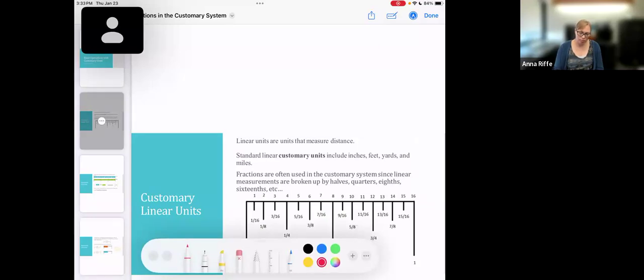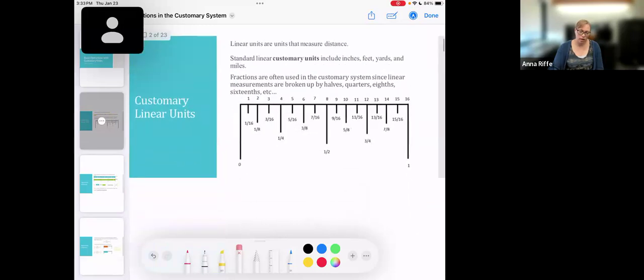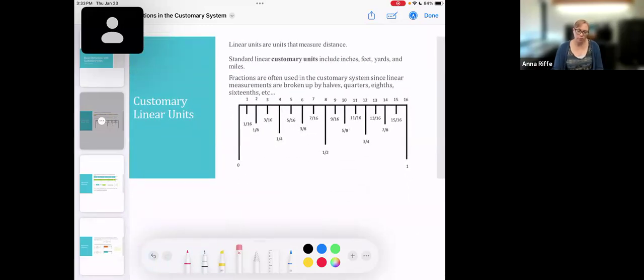So the ones that you have probably used a lot are inches, feet, yards, miles, etc. So let's just say that we have an inch, such as the one below, and it's broken up into pieces.